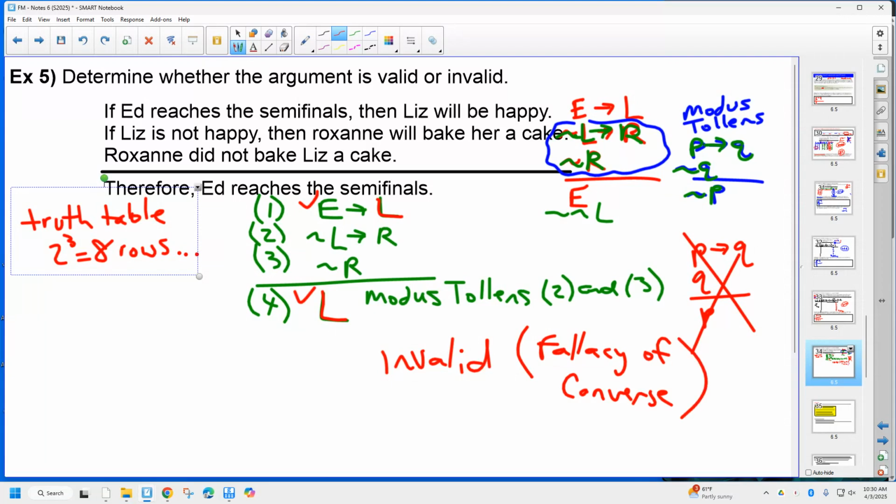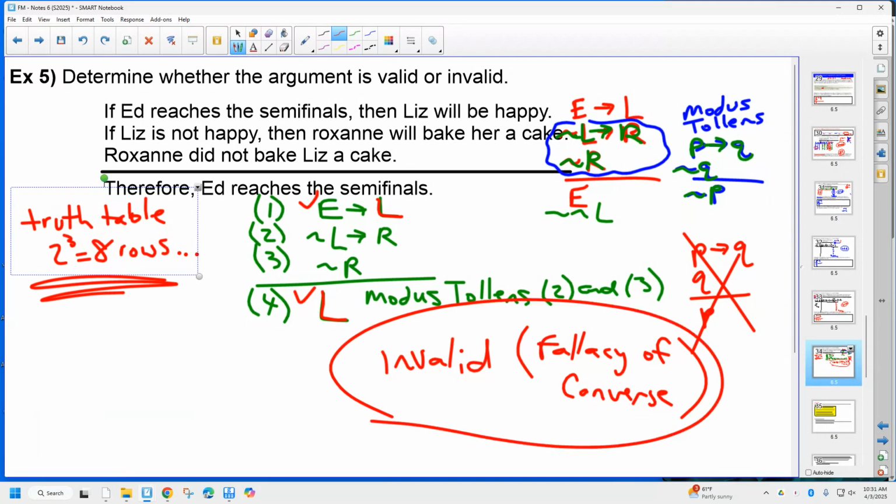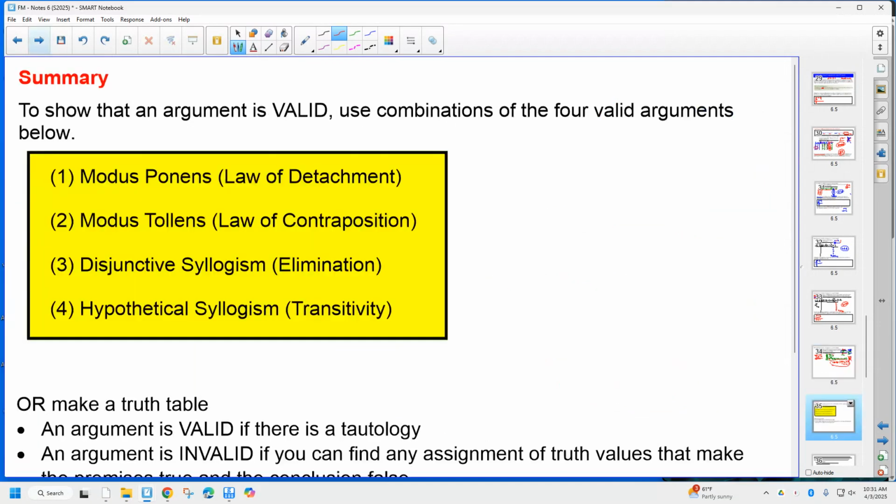Now, I freely admit that's kind of hard to understand. If you got it, it's really fast. It's much faster than the truth table. But if you don't understand that, you can always go back and do the truth table. We know it's valid when they're all true. It's invalid when anything is false. But this one is invalid. So then the summary.